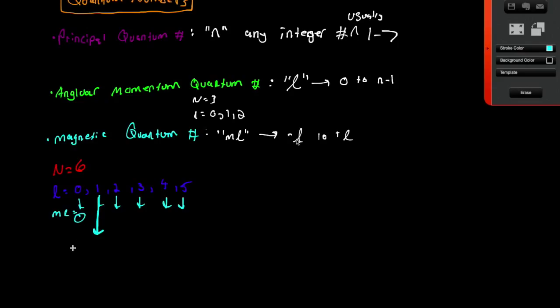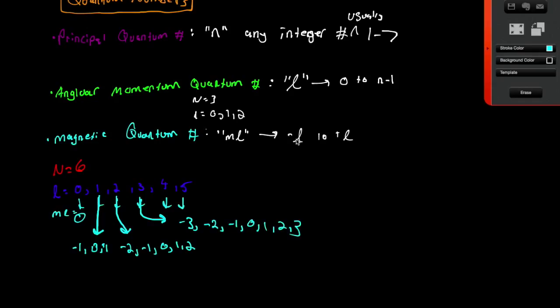And that looks like negative 1, 0, and positive 1. Okay? You can do the exact same thing for 2, and it would just be negative 2, negative 1, 0, 1, and 2. You can do the exact same thing for 3, and it would just be negative 3, negative 2, negative 1, 0, 1, 2, and 3.